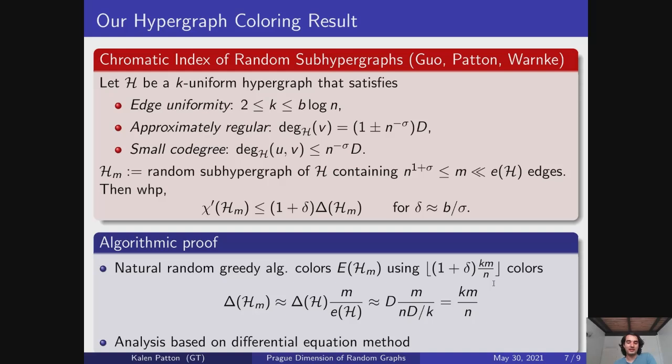And by analyzing this algorithm with a differential equation method, we can show that the number of colors available to color any given edge follows a trajectory which ensures that our algorithm can successfully color m random edges in H, which then gives us our result.